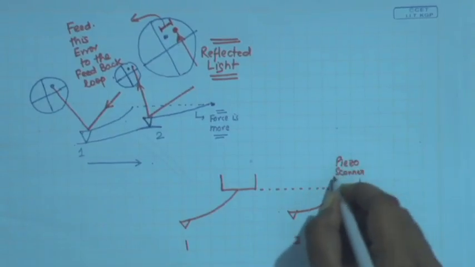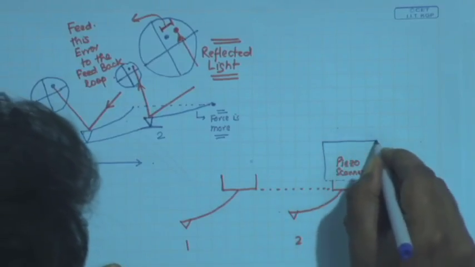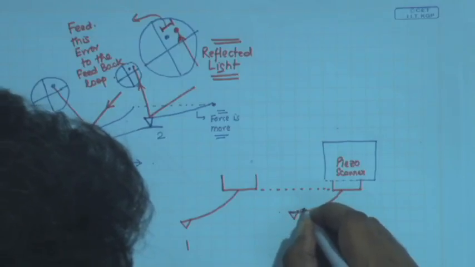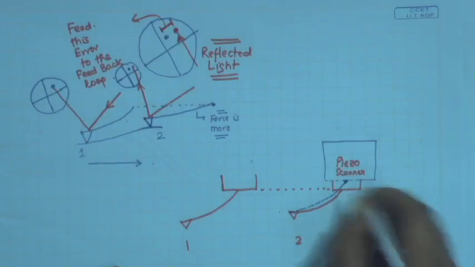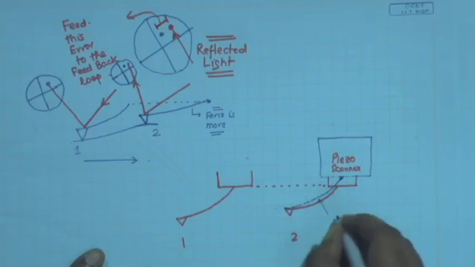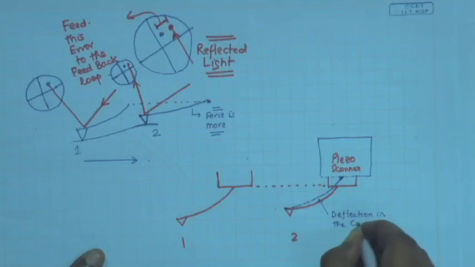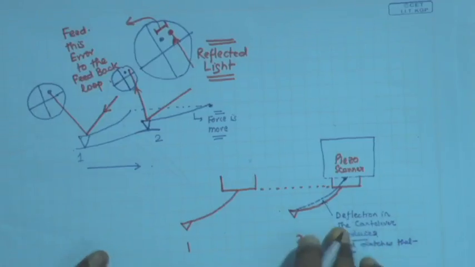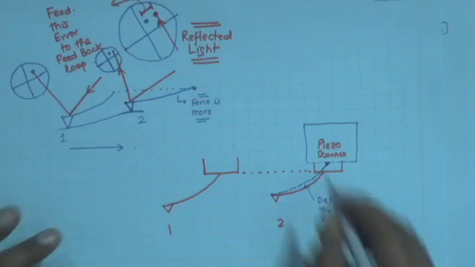The piezo now becomes short and wide in such a way that the point at which the cantilever is mounted goes up, so that the deflection now reduces and matches that at point 1.